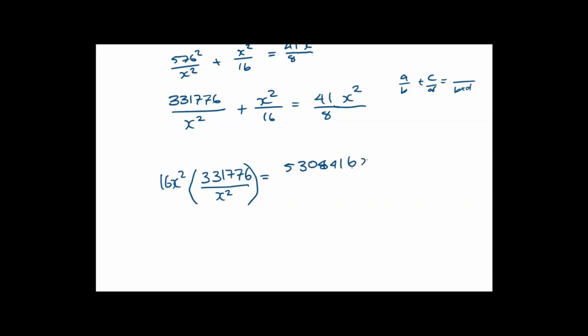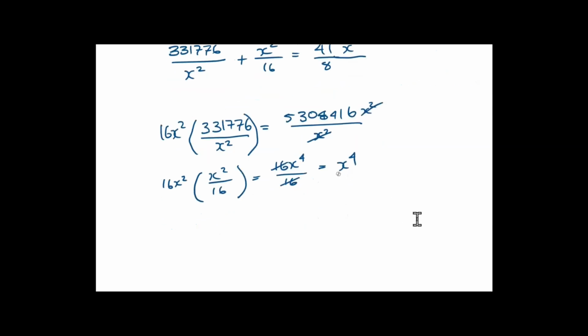And x squared over x squared, they're going to cancel. And that's great. That's fantastic. So let's do it with this one as well. 16x squared times x squared over 16 is going to give us 16x to the power of 4 over 16. These 16s are going to cancel, and we're going to be left with x to the power of 4.